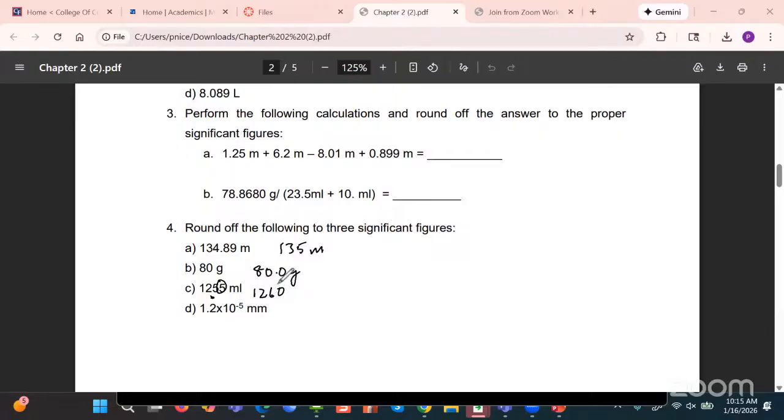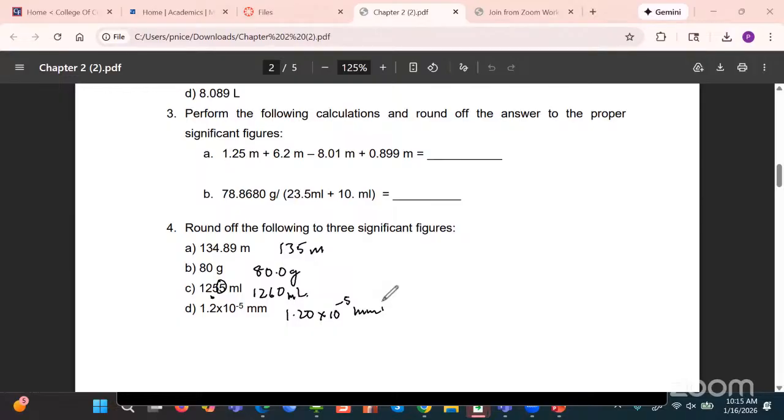So therefore, the final answer will be 1,260 mils. All right? What about D? 1.20 times 10 to the minus 5 millimeters. And that's basically how you do that.